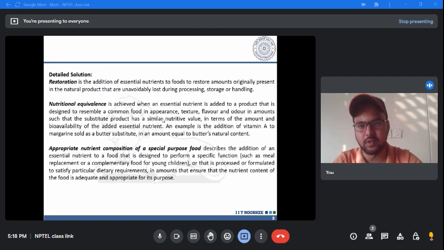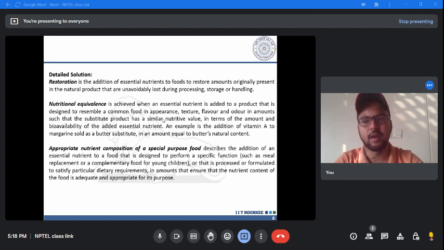Nutritional equivalence is achieved when an essential nutrient is added to a product that is designed to resemble a common food in appearance, texture, flavor, and odor, such that the substitute food has a similar nutrient value in terms of amount and bioavailability of the added nutrient. An example is the addition of vitamin A to margarine sold as a butter substitute, in an amount equal to butter's natural content.